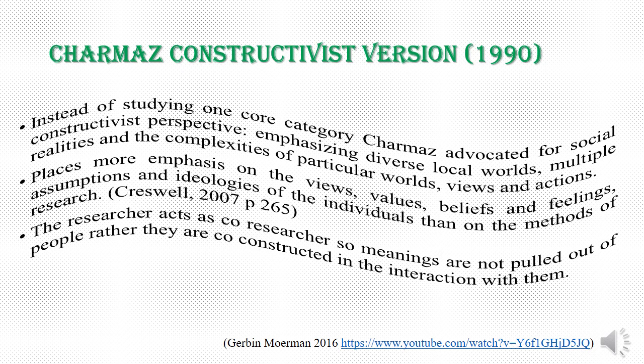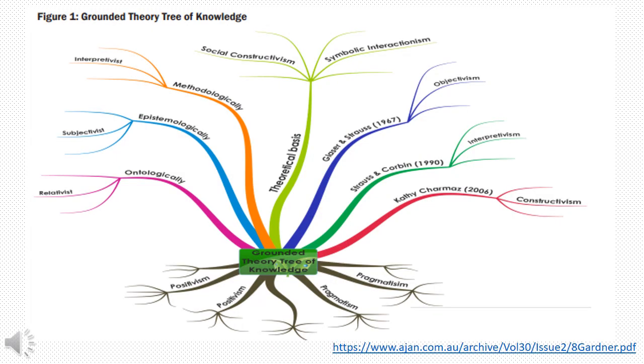Whenever the researcher conducted interviews, the meaning was not pulled out of the people. Rather, it was constructed by the researcher plus the interviewee and the context. If you look at this picture, most things will get clear if you have my previous slides in mind. Grounded theory actually emerged at a time when positivism and pragmatism were in vogue.